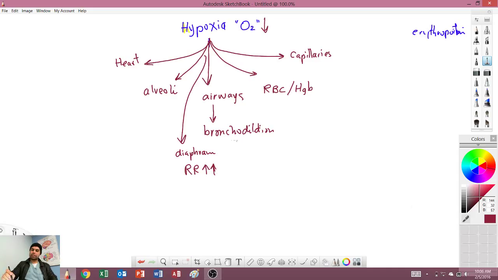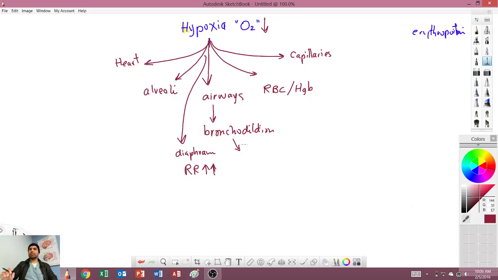So that's two compensatory mechanisms, which are the fastest ones. And this is by the nervous system. Okay, so CNS will signal your diaphragm and your airways to dilate, and diaphragm contraction and respiratory rate will increase. Okay. By the way, I'm just going on a side. Where is the cardiorespiratory center? In the medulla. Which medulla? Of the adrenal? Okay. Of the brain stem or brain.